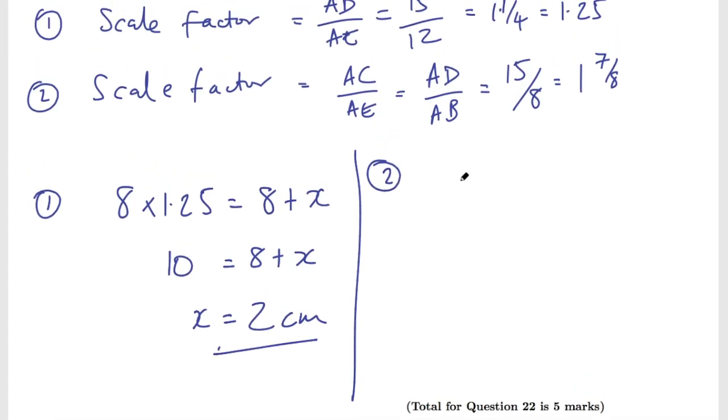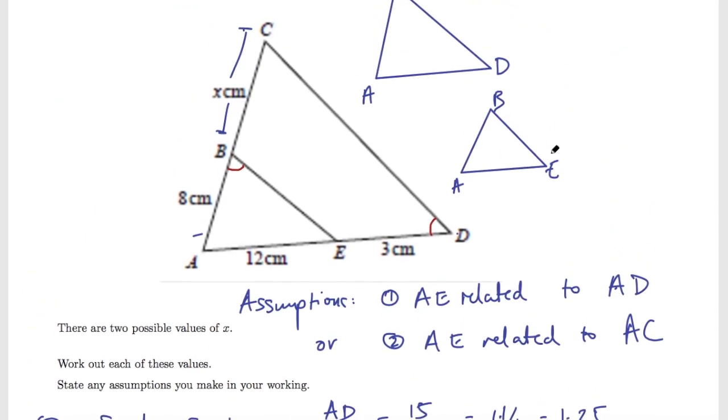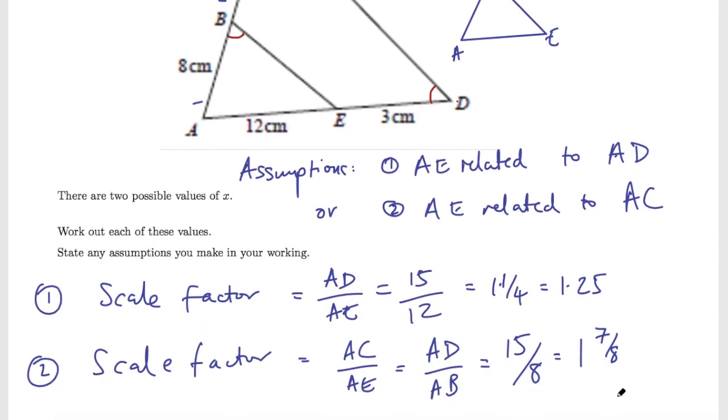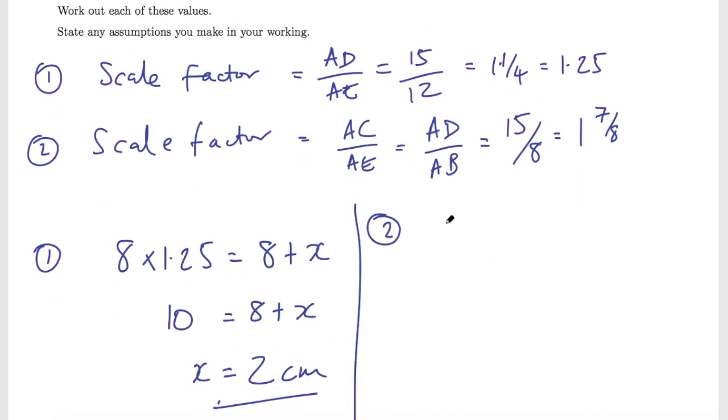So that's if the first assumption is true, x equals 2 centimeters. Then if the second assumption is true, what we're doing is taking AE and enlarging it by the scale factor 1 7/8. Okay, so we'd say that 8 plus x equals 12 times 1 7/8.